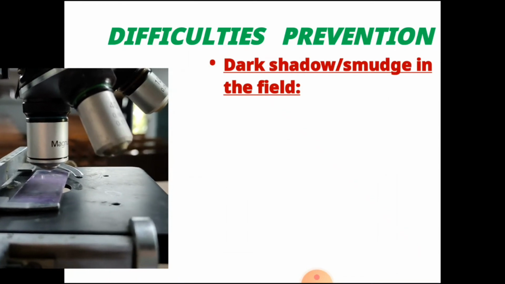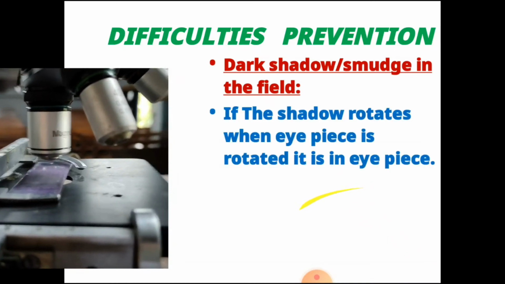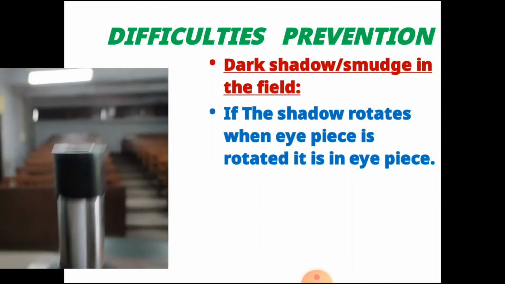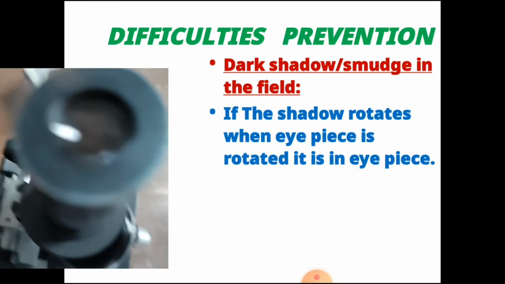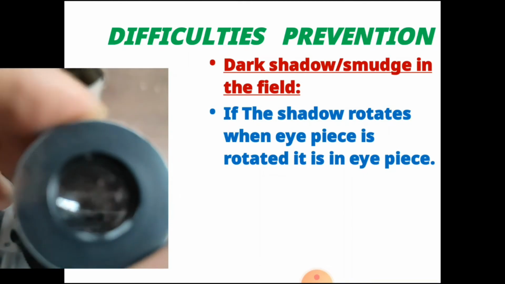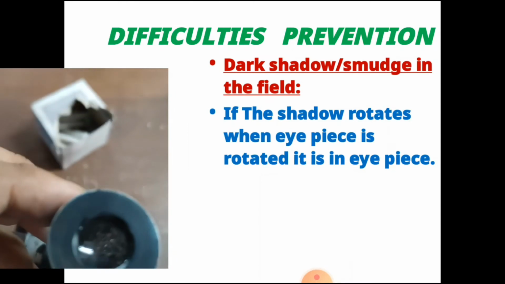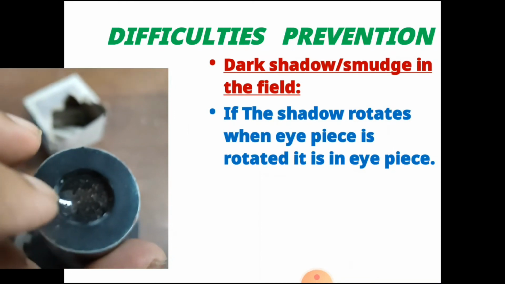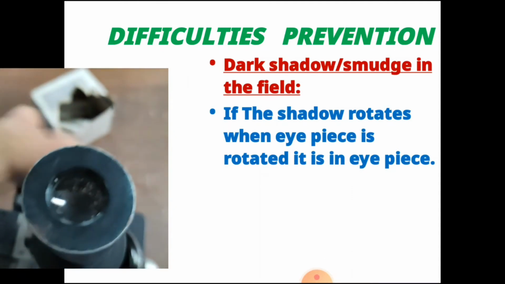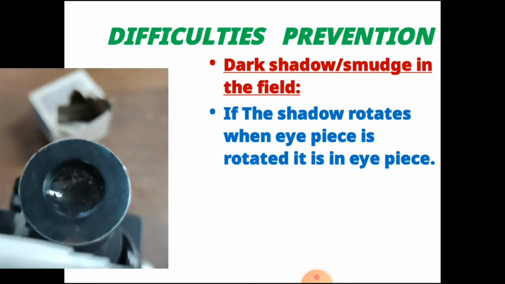Another difficulty is dark shadow or smudge in the field. To overcome this, you just rotate the eyepiece. If the shadow rotates when the eyepiece is rotated, that means the shadow is in the eyepiece.